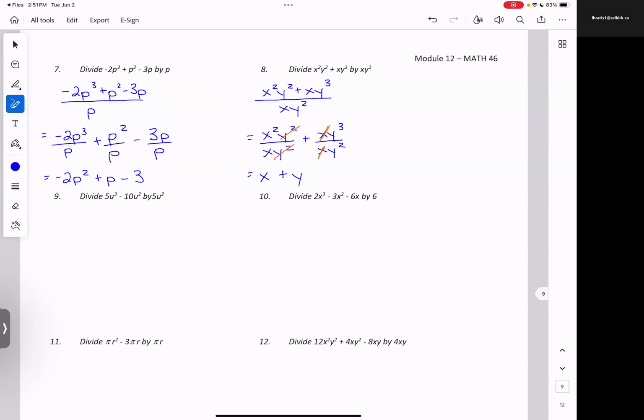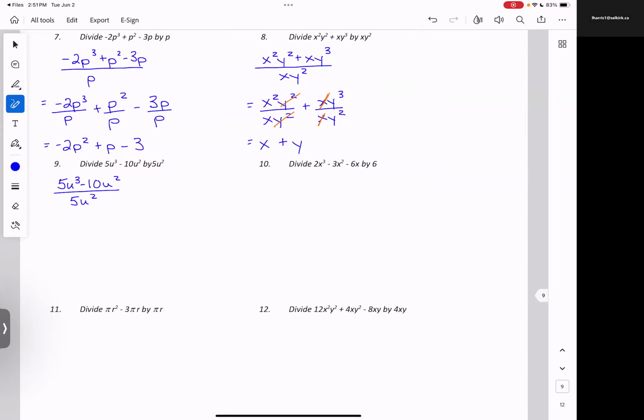All right, number 9, we've got 5u to the power of 3 minus 10u squared, and we're dividing it by 5u squared. So step 1, let's split up those denominators.